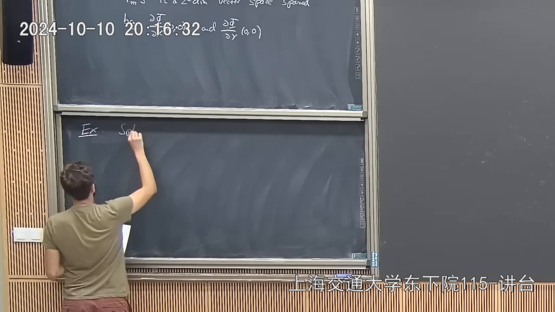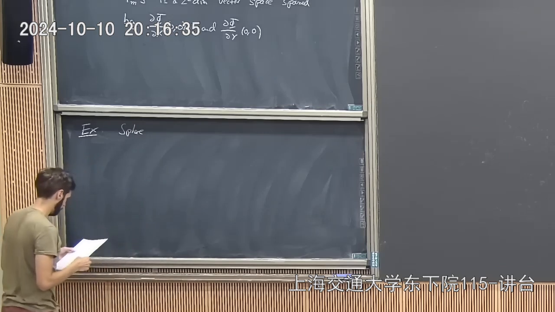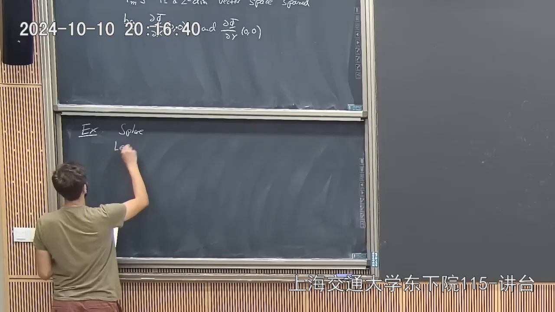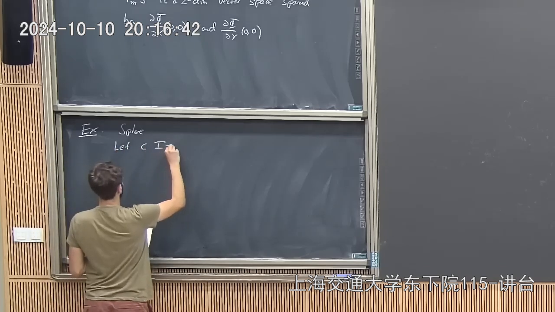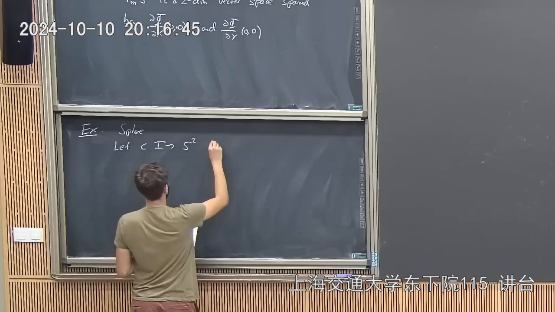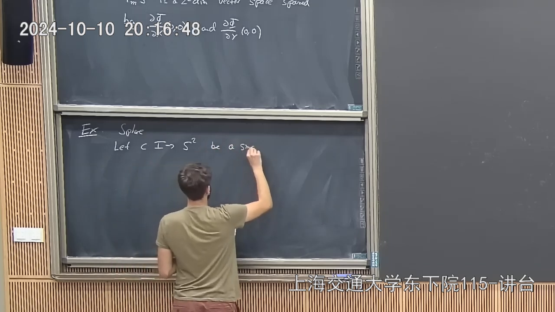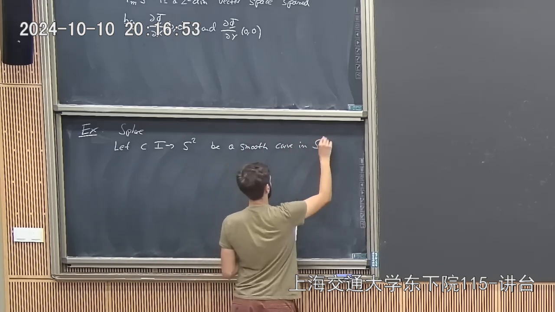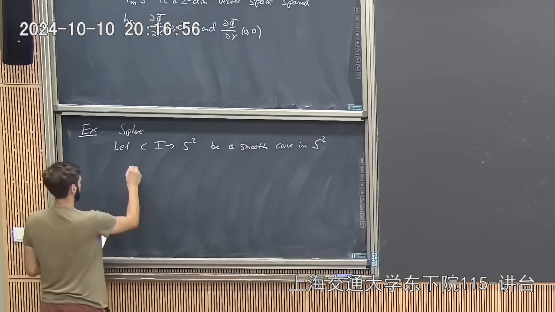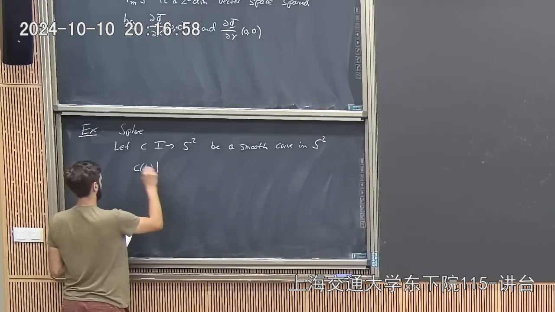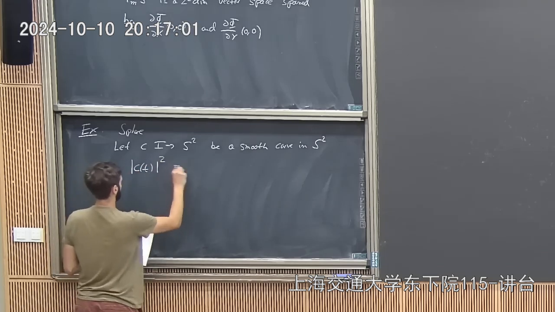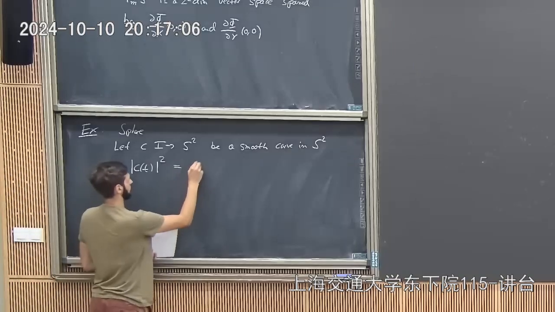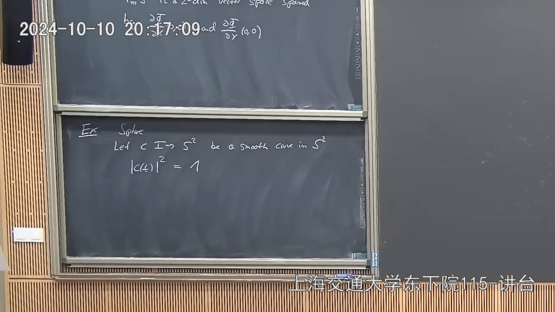The example is that we take again our sphere, and if you have a smooth curve in the sphere, then what we know is that if you take the norm squared of the curve, it has to be equal to the radius of the sphere, so it has to be 1.